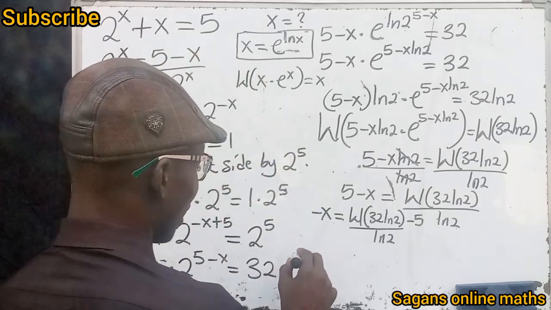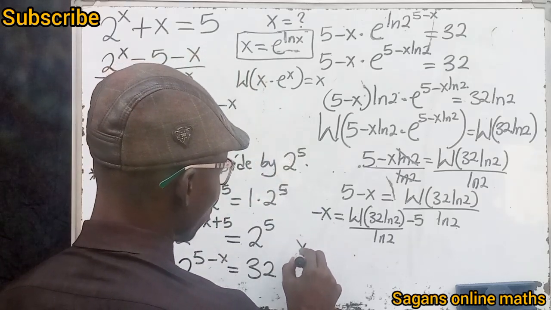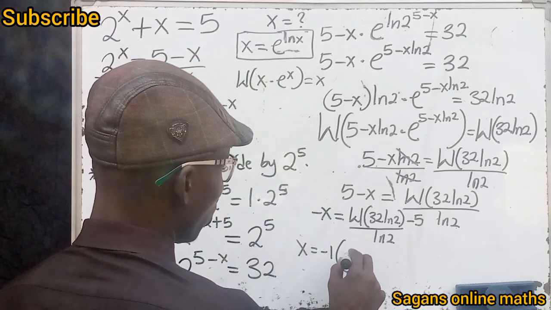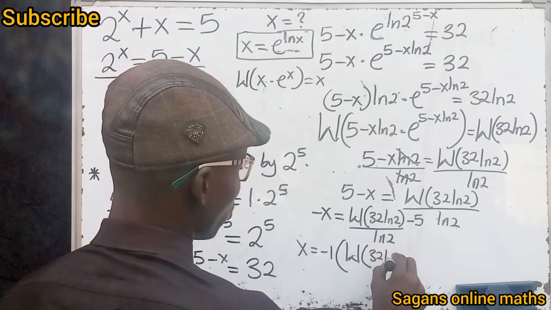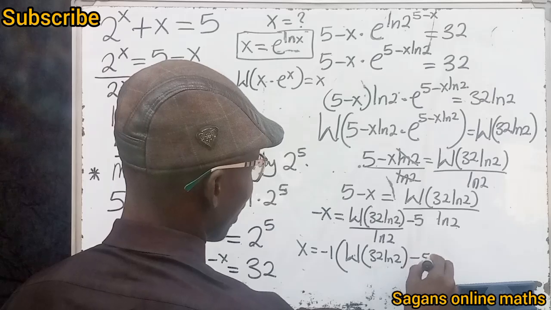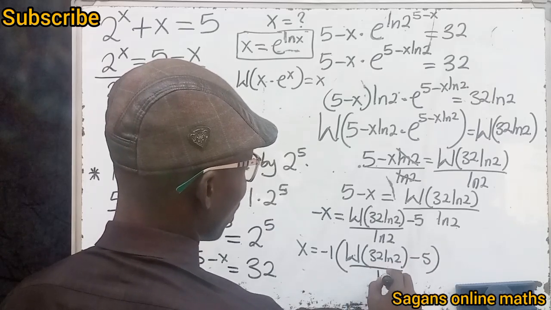So if we do that, x will be equal to minus 1 times the Lambda W function of 32 ln 2, minus 5, divided by ln 2.